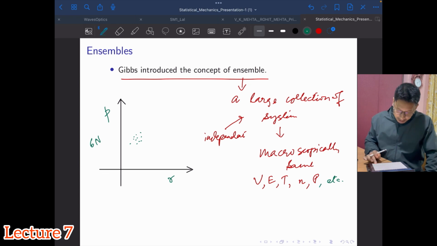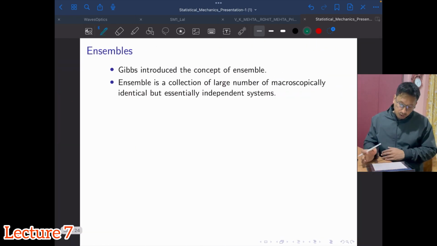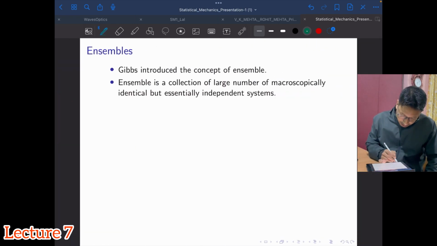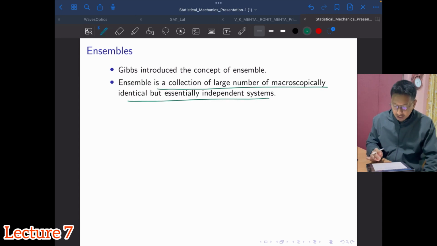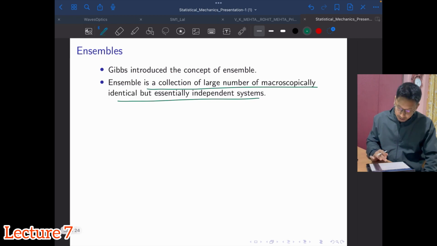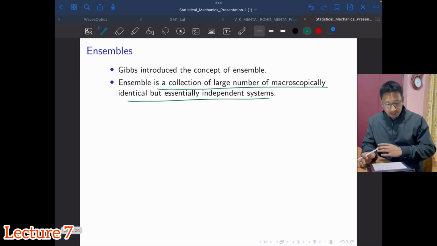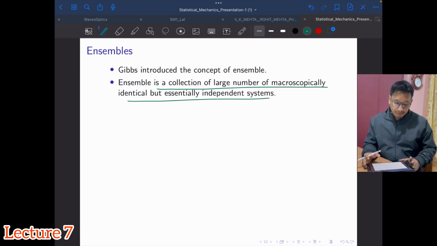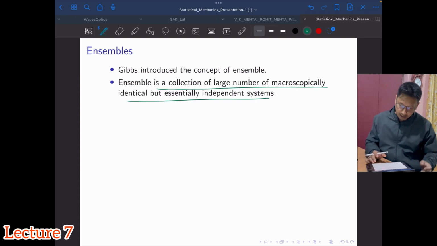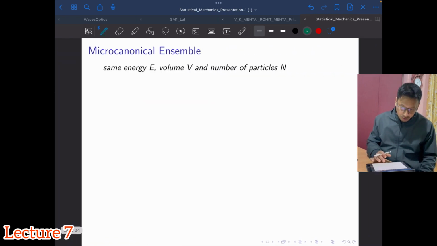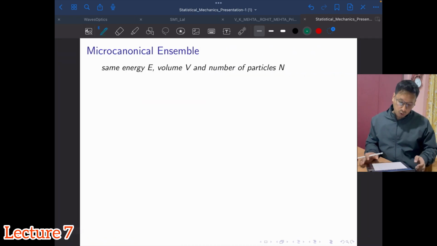Let's continue. Depending upon the various interactions that we have, there are standard ways of defining different kinds of ensemble. We have three of them, so we'll go one by one.